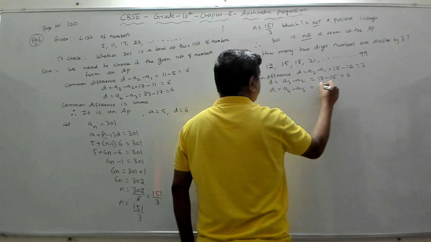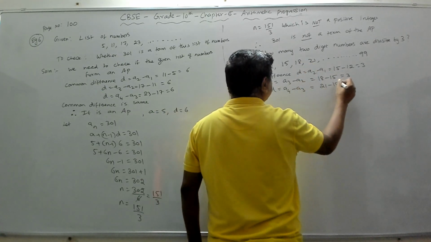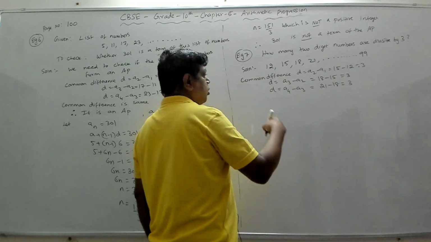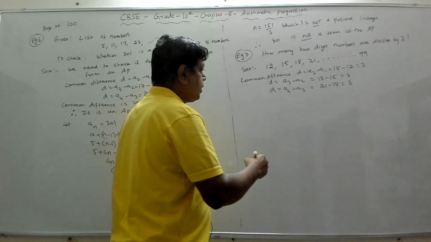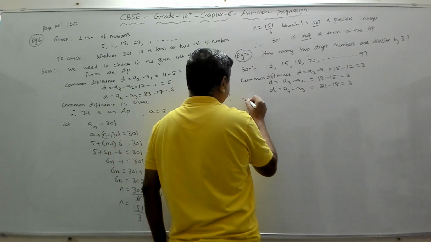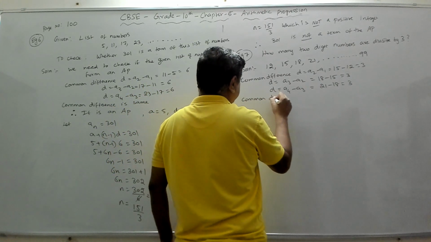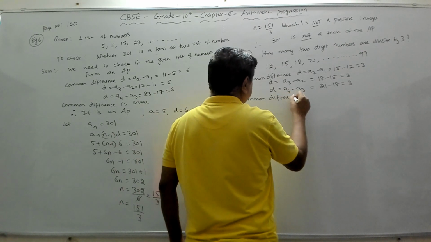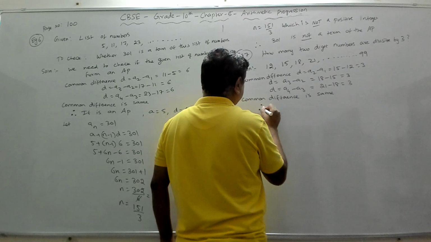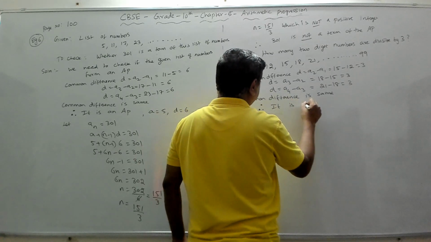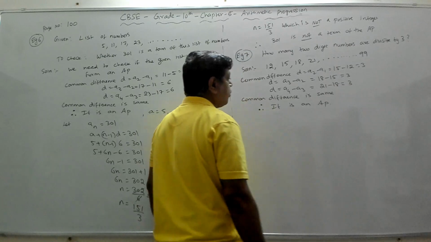The fourth term 21 minus the third term 18 is also 3. So the common difference is the same. Therefore, this given list of numbers is an AP. So first we should check whether the list of numbers is an AP or not.